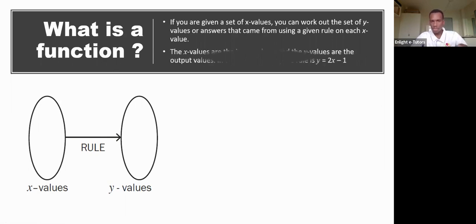The X values are called the inputs, and the Y values are called the output values. For example, if you're given an equation Y is equal to 2X minus 1, which is a straight line, you're given an X value to get a Y value. That's why we call the Y value an output, because it's what you get after inserting X.